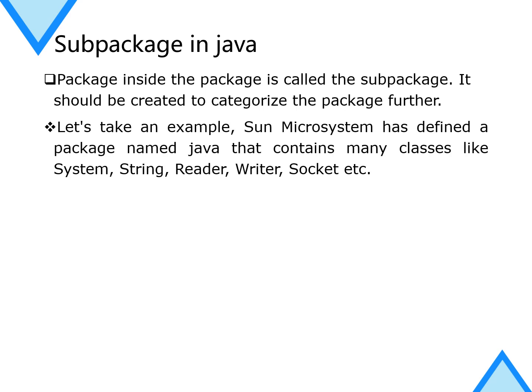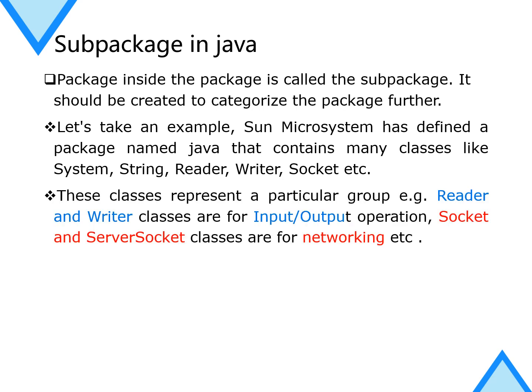Let's take an example. Sun Microsystems has defined a package named java that contains many classes like System, String, Reader, Writer, Socket, etc. These classes represent particular groups. For example, Reader and Writer classes are for input-output operations.